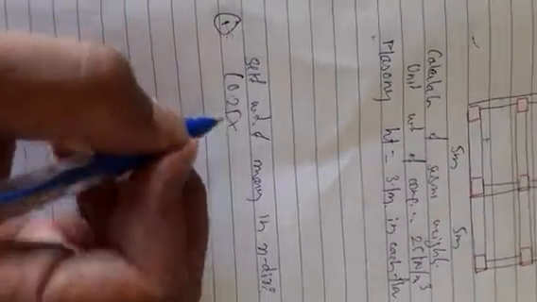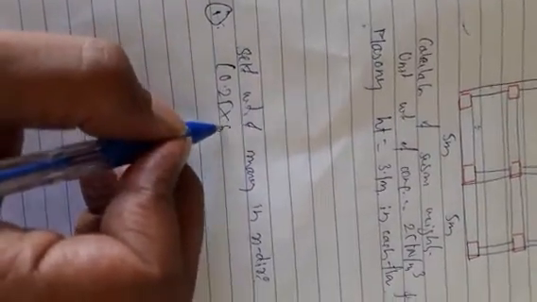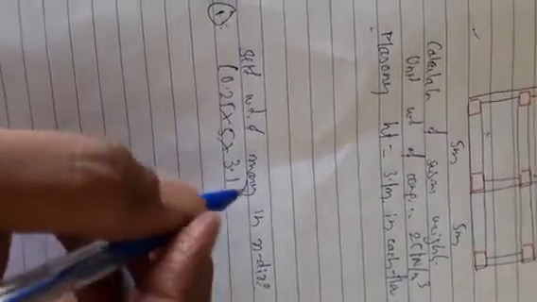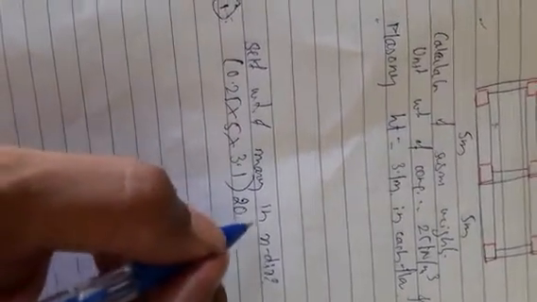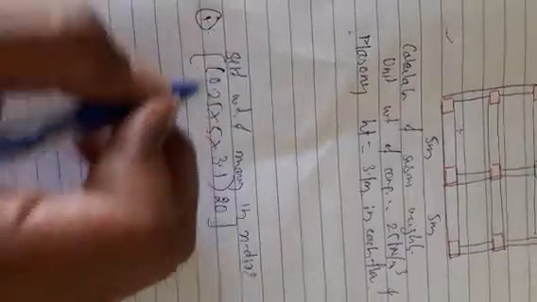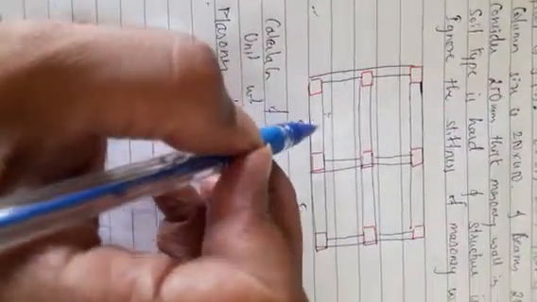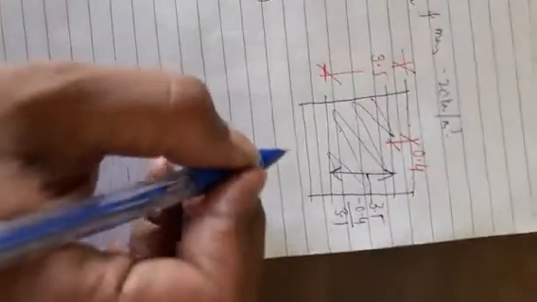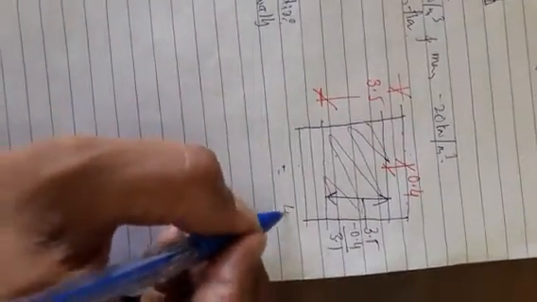So thickness is 0.25 meters, length is 5 meters, height is 3.1 meters, unit weight is 20. This is for one wall. Like this in x direction 1 2 3 4 5 6, there are 6 walls into 6 walls. So you get the answer 465 kilonewtons.